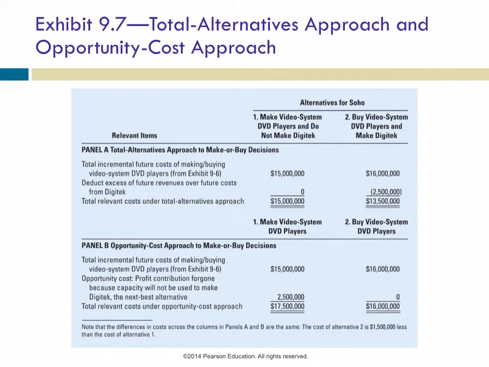So your decision is either make this video system DVD player and do not make Digitech, or buy the video system DVD players and make Digitech this other product. Okay. So under the total alternatives approach, you're looking at the 15 million and the 16 million as the total future costs of making or buying video system DVD players. Then the next one down, you would deduct any excess of future revenues over future costs from Digitech.